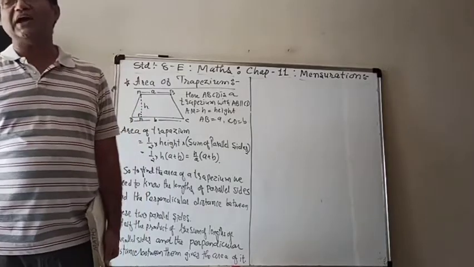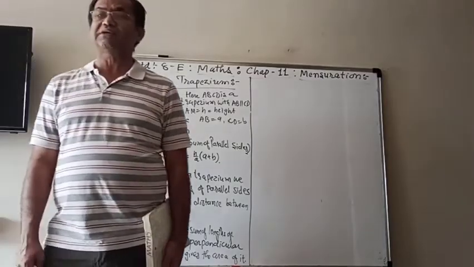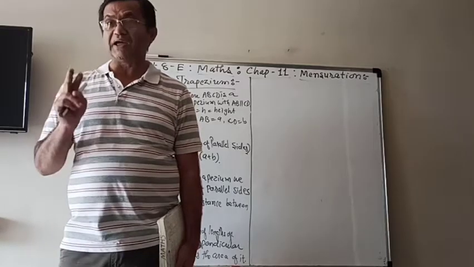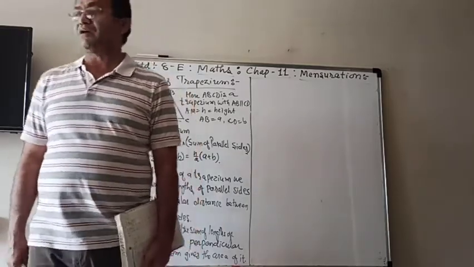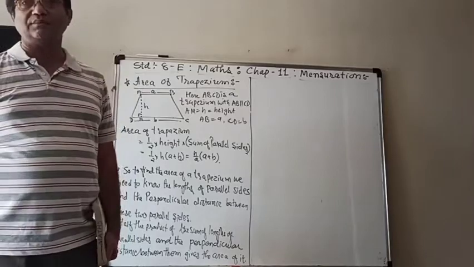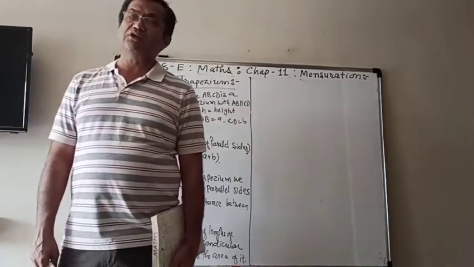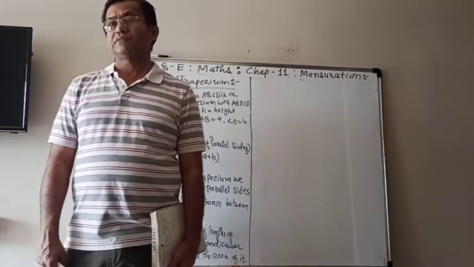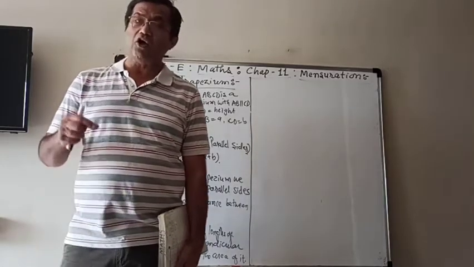But to do that, it will take a long time, because we have to find the areas of two triangles, we have to find the area of the rectangle, and then we have to add all these three areas. Then we get the area of a trapezium.